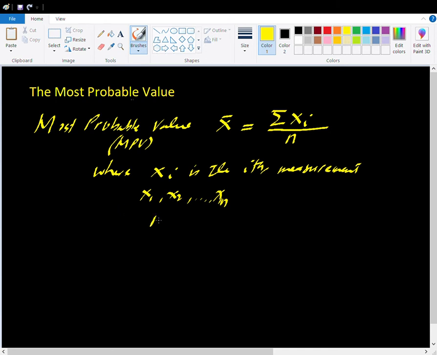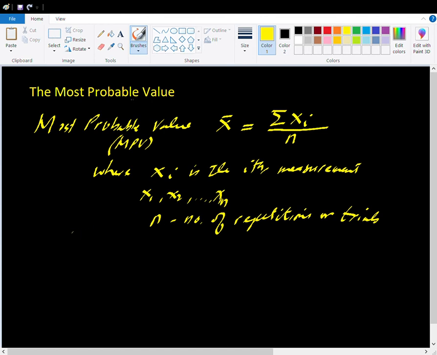So n refers to the number of repetitions or trials. Okay? So this is the most probable value of the same quantity with the same condition. The condition remains the same from one trial to another.